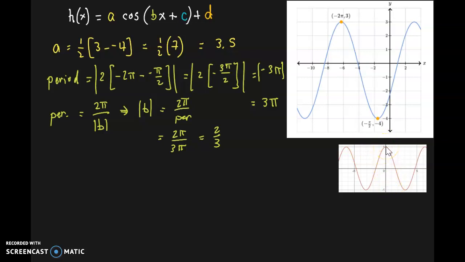We see it starts at the top. If a was negative, then it would flip it vertically about the x-axis. Now, if we look at this as the top and we say we haven't flipped it, then we leave a positive, okay? And when we flip about the y-axis, then we change the sign of b, so we can leave that at 2/3.